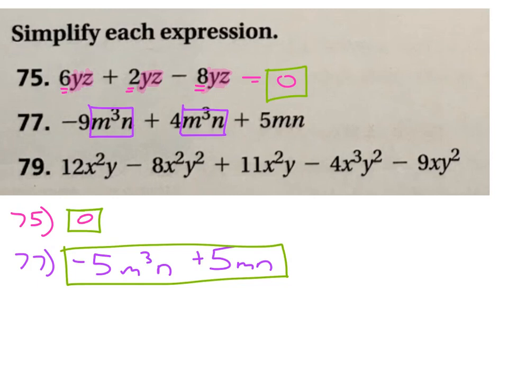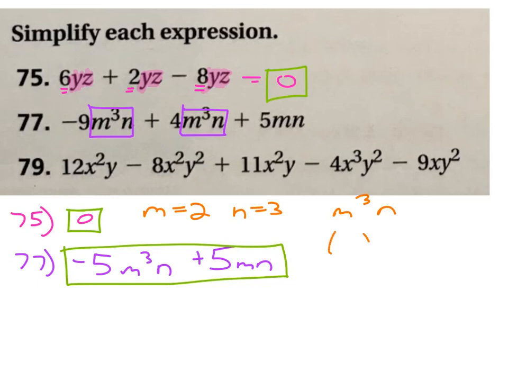Hopefully, as you can see, let me just talk about that one last bit for a second. M cubed n. If we picked a value for m, let's say m is equal to 2 and n is equal to 3.